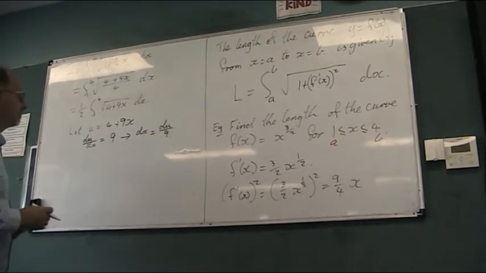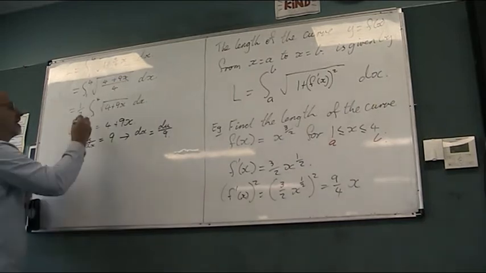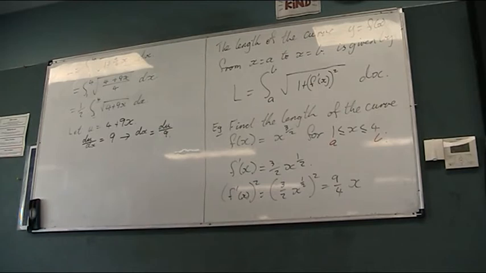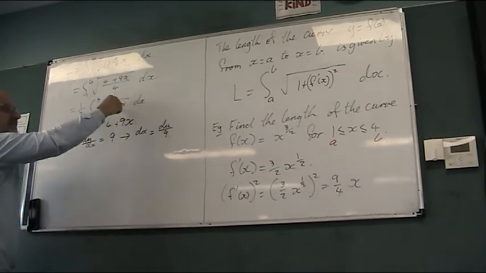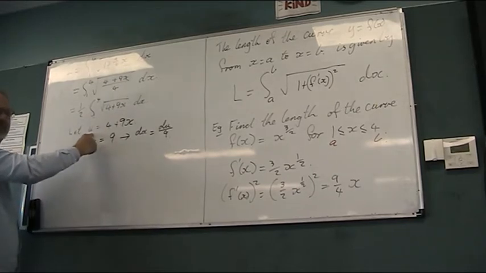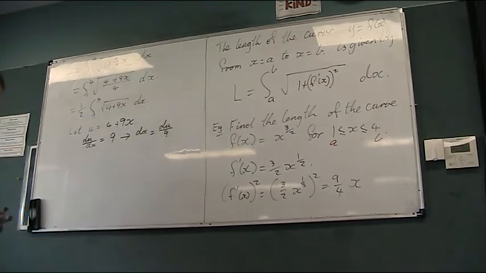And what else are we going to replace? We're going to replace our limits on our integral, because now we're going to change our variable from x to u. So we need u values up there.